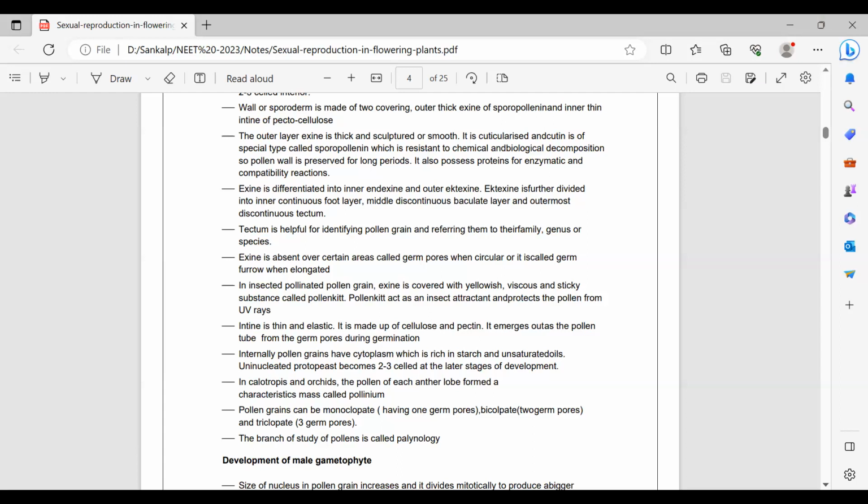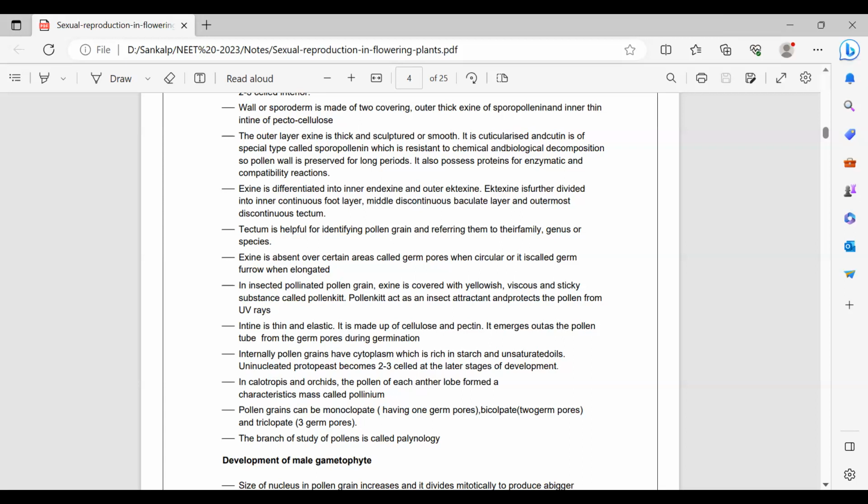Internally, pollen grains have cytoplasm which is rich in starch and unsaturated fats, and a uninucleated protoplast. The protoplast becomes 2 or 3 celled at later stages of development in Calotropis and orchids.